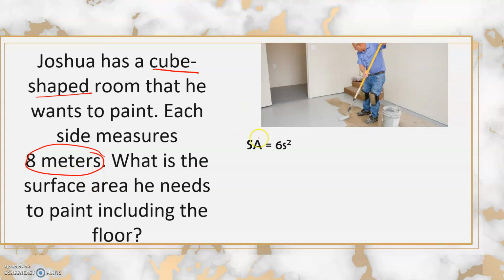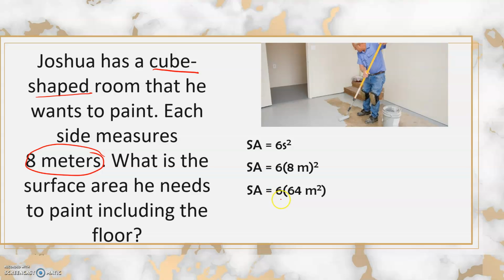So for us to solve for the amount of surface he needs to paint, including the floor, we'll just have to use the formula in finding the surface area of a cube, which is 6s squared. Substituting the given information in our formula, we'll have 6 times 8 meters squared, and 8 meters squared is equal to 64 square meters.